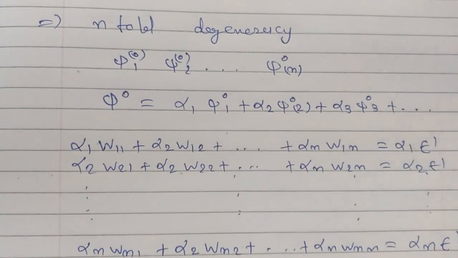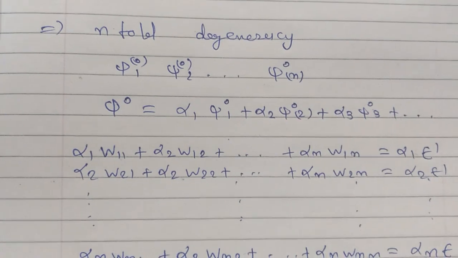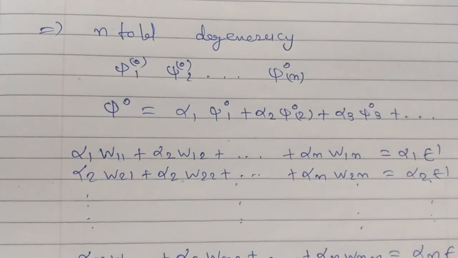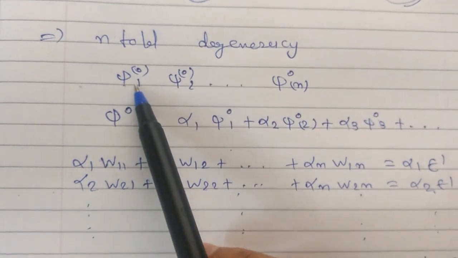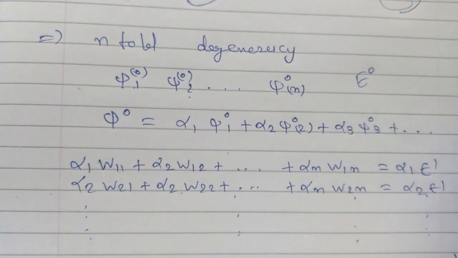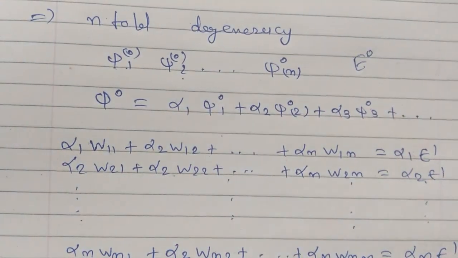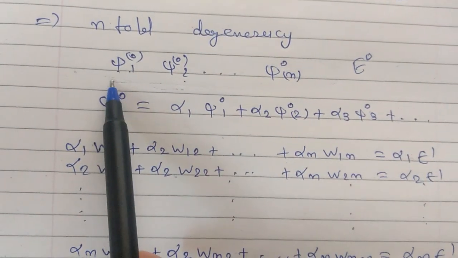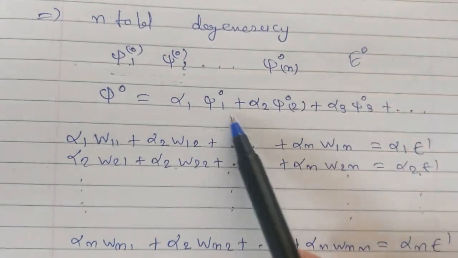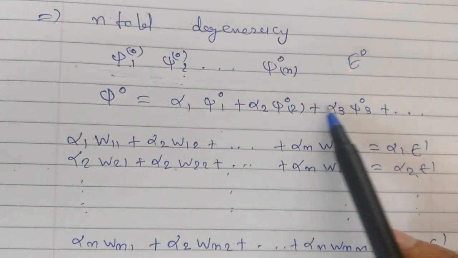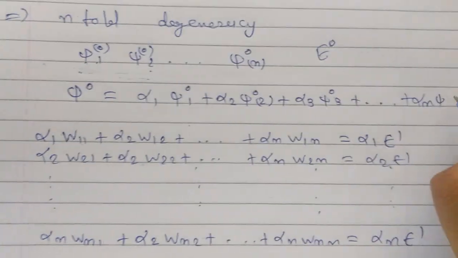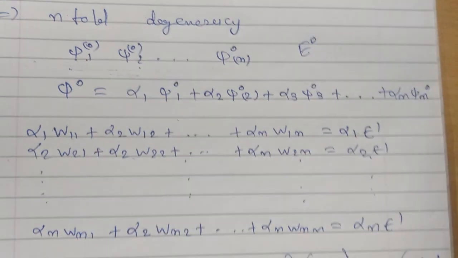If we have n-fold degeneracy, that is we have n different states with the same energy, suppose this is the first wave function, second wave function, third wave function, and the energy is E naught, then the linear combination of these degenerate wave functions is alpha 1 psi 1 naught plus alpha 2 psi 2 naught plus alpha 3 psi 3 naught plus up to alpha n psi n naught.